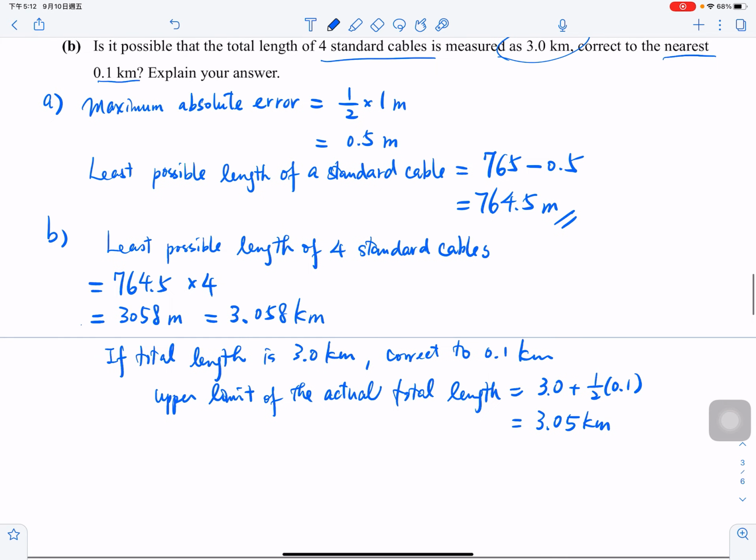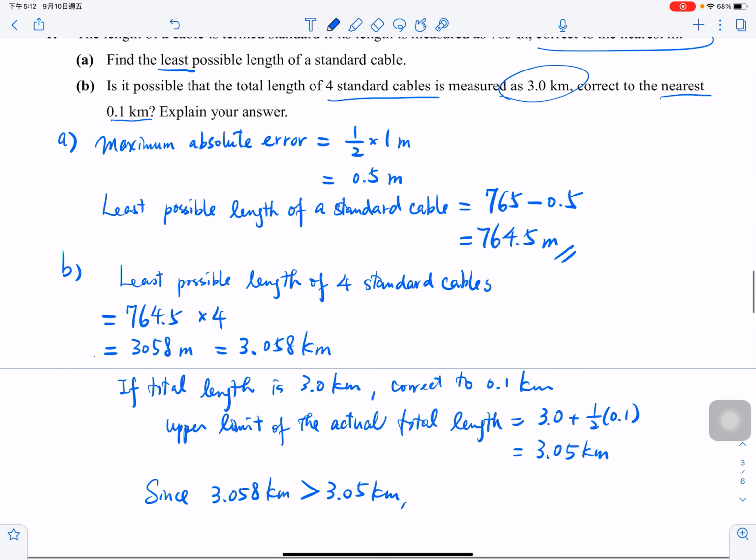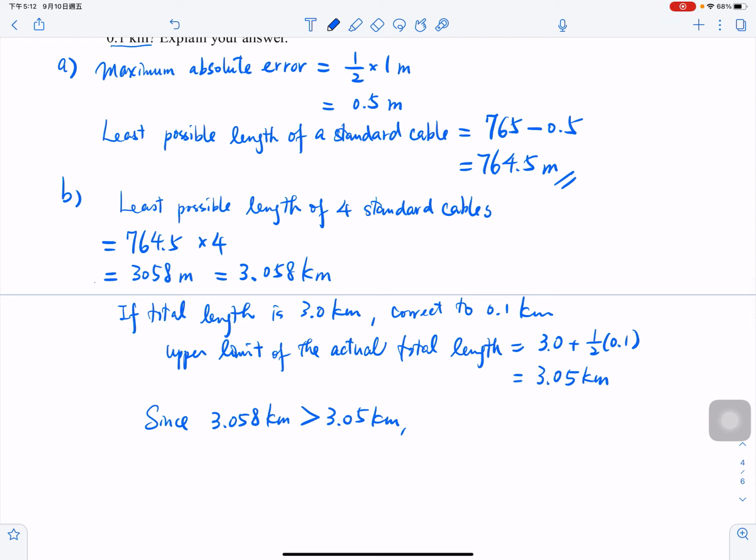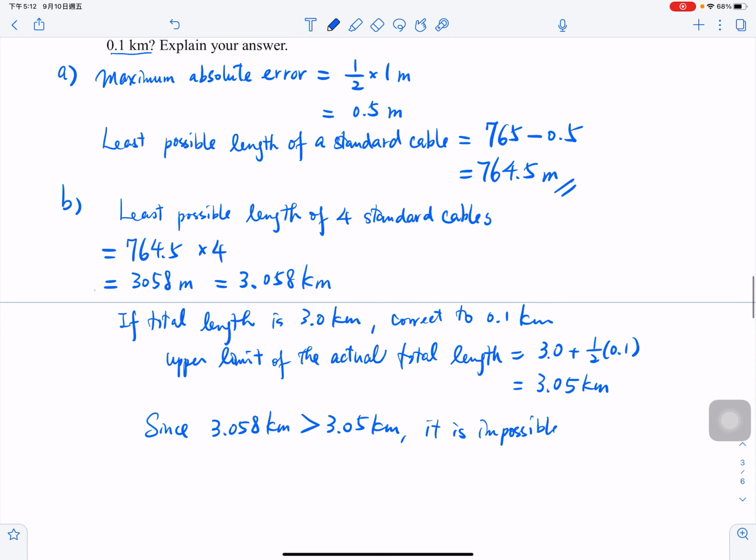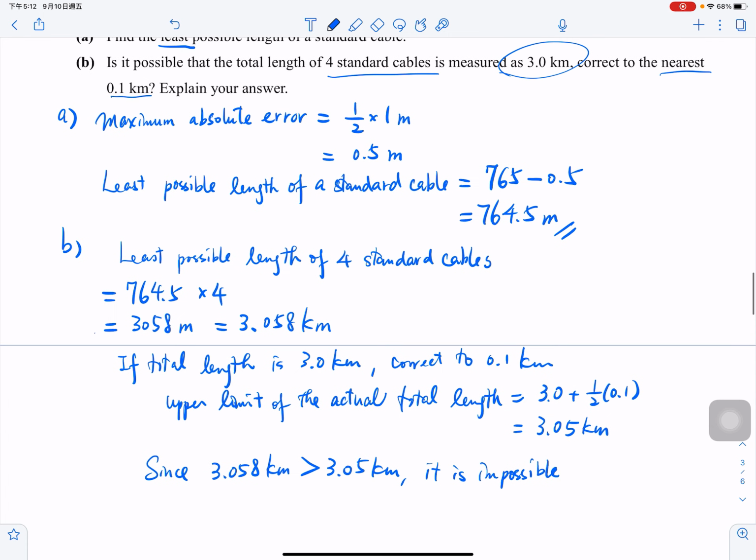Okay? Hey, look. Since now 3.058 kilometers is greater than 3.05 kilometers, that means what? Is it possible to be measured as this one? You find that, hey, it's bigger. Therefore, it is impossible. It is impossible. Okay? To measure it as 3.0 kilometers.